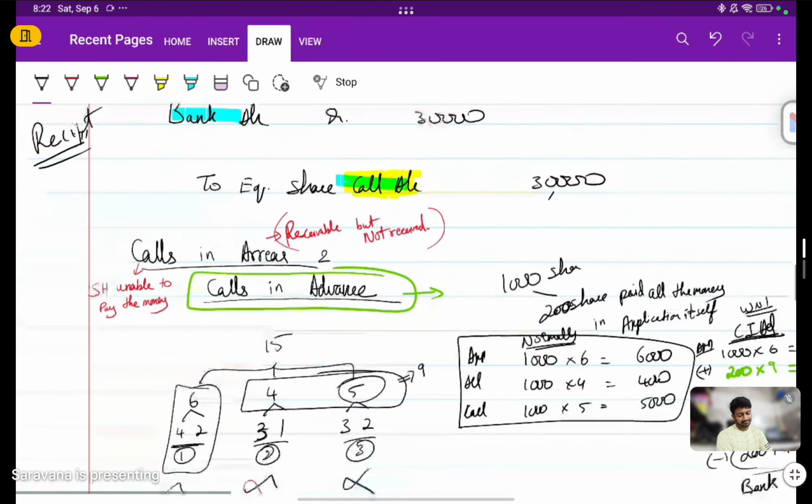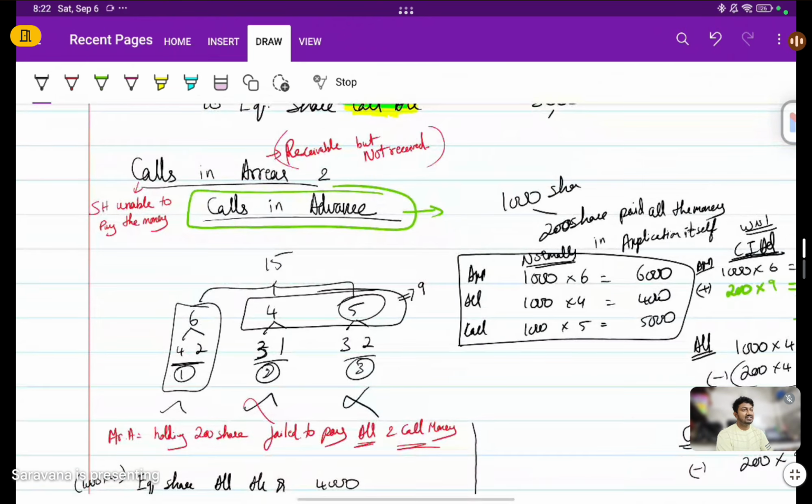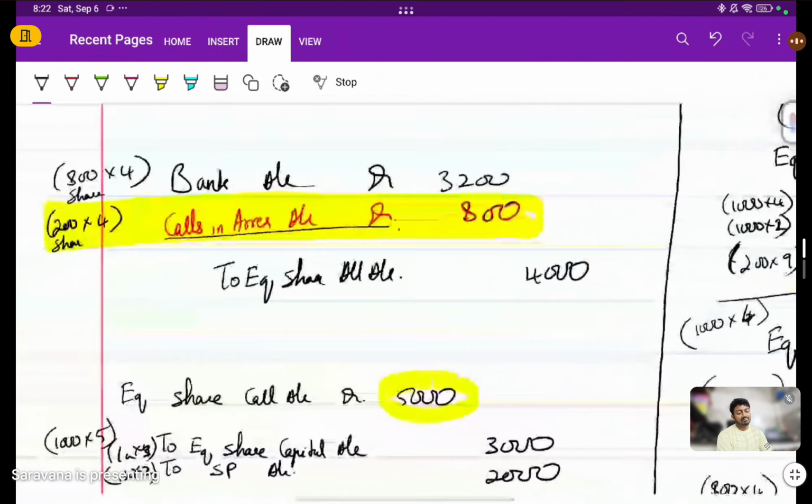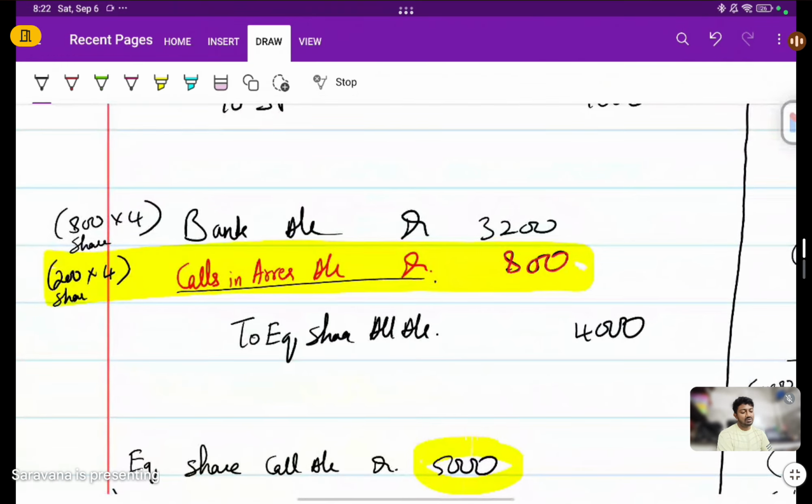And there are calls in arrears and calls in advance. The calls in arrears journal entry is: bank account debit, calls in arrears account debit, to equity share allotment. If the calls in arrears is in the call, the journal entry will be bank account debit, calls in arrears account debit to equity share call account instead of allotment account. Is calls in arrears possible in application?